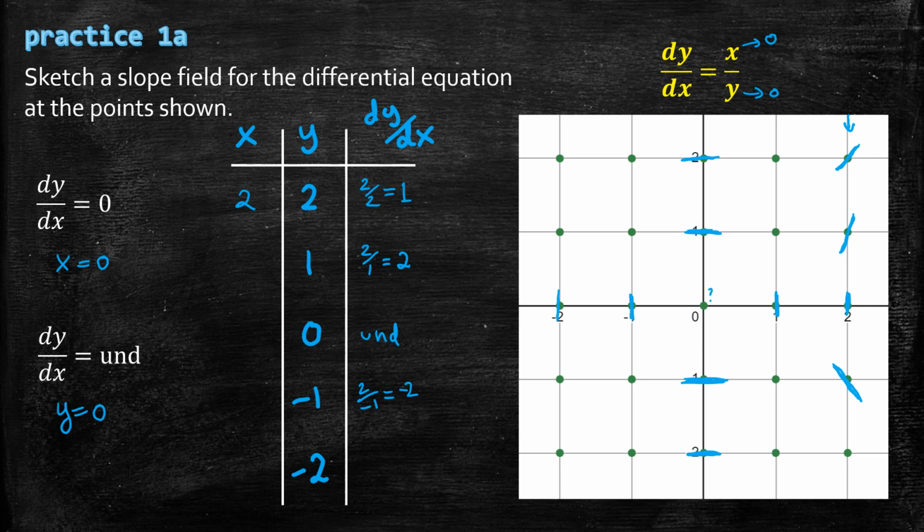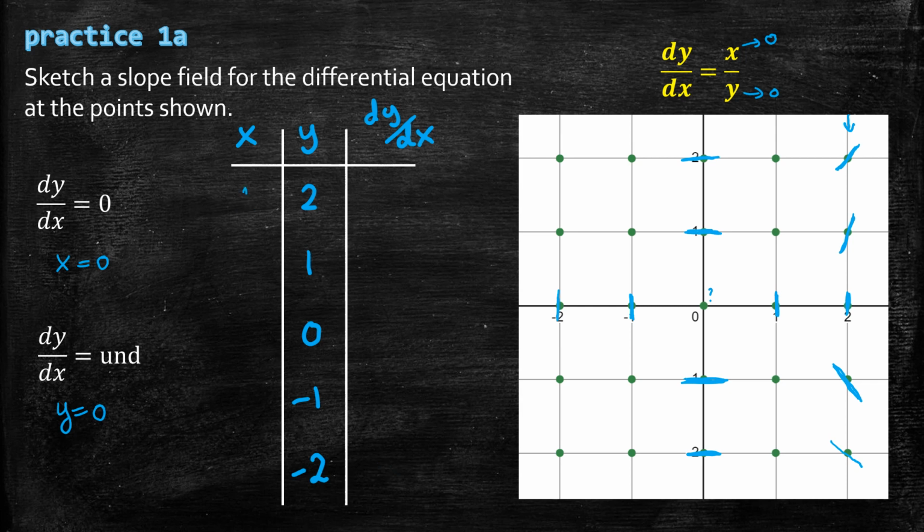And this would be 2 over -2, which would equal -1. So we have more of a diagonal line segment there. So we are going to repeat. It's going to take a little bit of time. We're going to repeat this now with x equals 1. And you could be working on that right now before I begin.